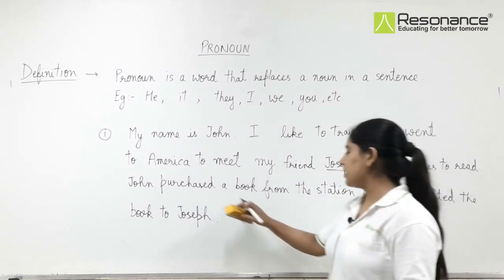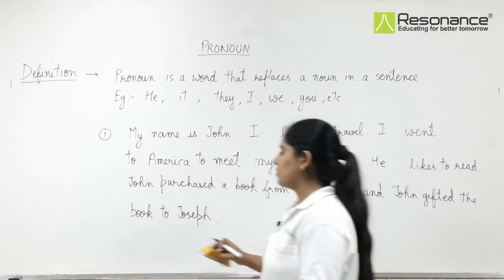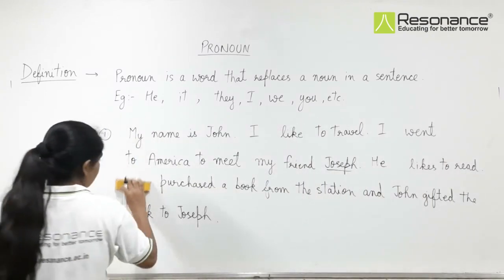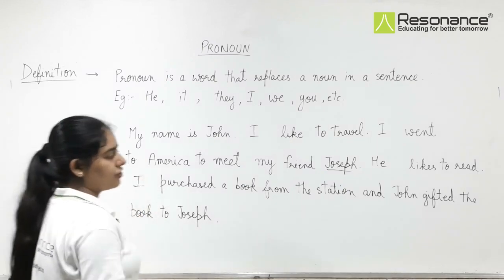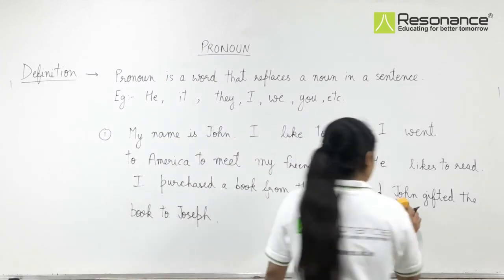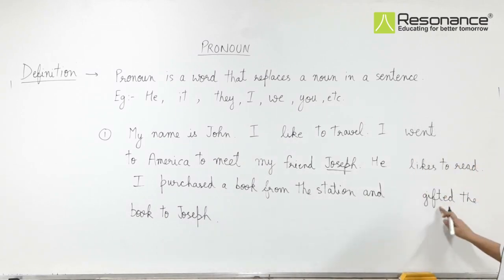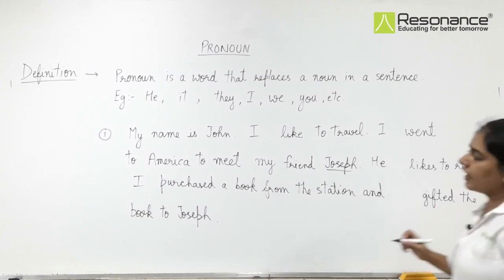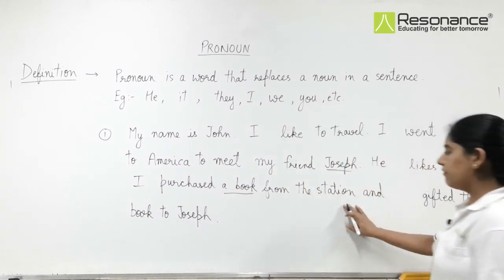Now John purchased a book from the station and John gifted the book to Joseph. So I will again replace John with I. I purchased a book from the station, and I will remove John from here, it is not needed, and gifted. Now here again, what did I purchase? I purchased a book. From where? From the station.